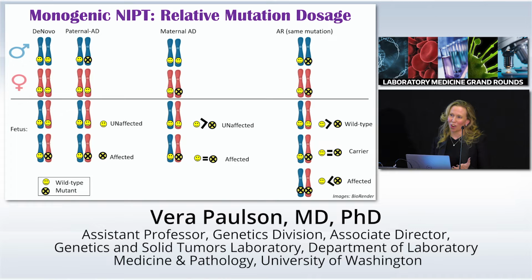It changes again for autosomal recessive mutations where the mutations are the same because now you have 3 potential outcomes. If you have more wild type, the fetus is totally normal. Roughly equal amounts, the fetus would be a carrier, and more mutant than normal, then the fetus would actually be affected. And it changes again, right, if you have a compound heterozygote, and it becomes a combination of looking both for the paternal mutation and then doing dosage on mom.